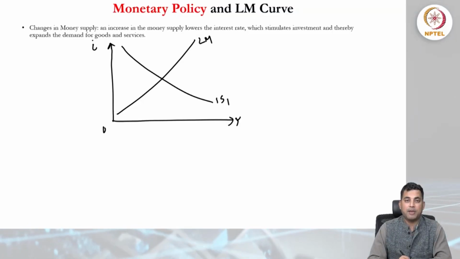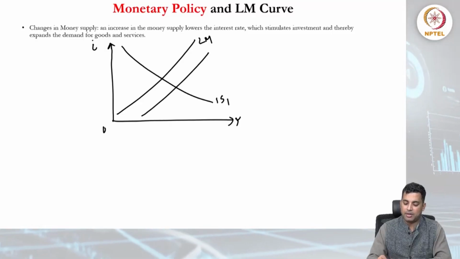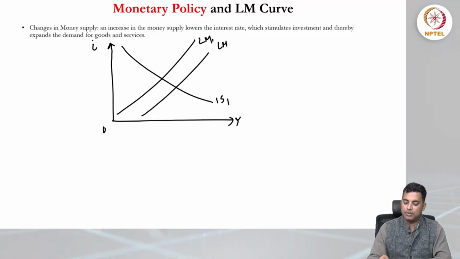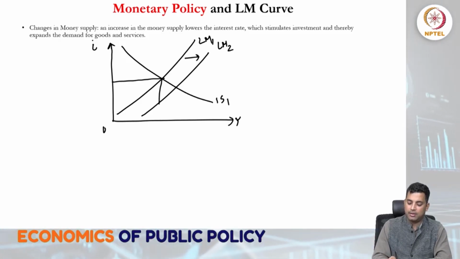With the expansionary monetary policy, money supply will be more, and therefore the LM curve will be shifting rightward, LM1 to LM2, and we can see here.